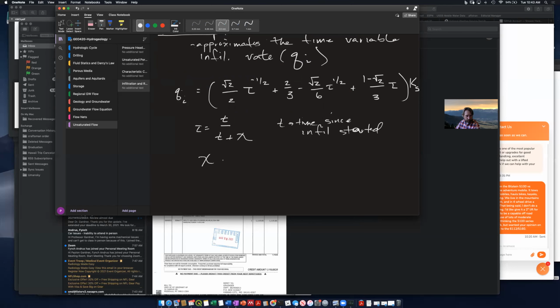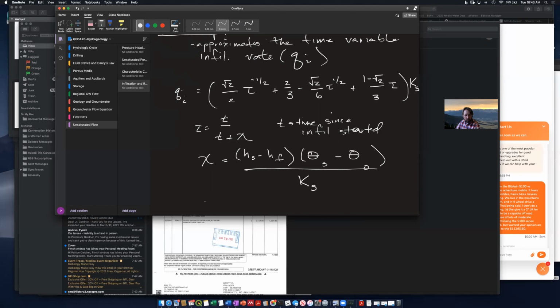So chi here is H sub S minus H sub F, so chi is this ratio.